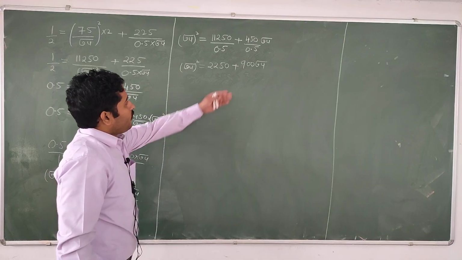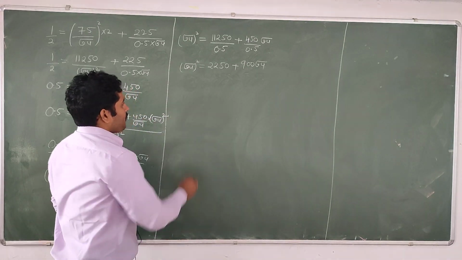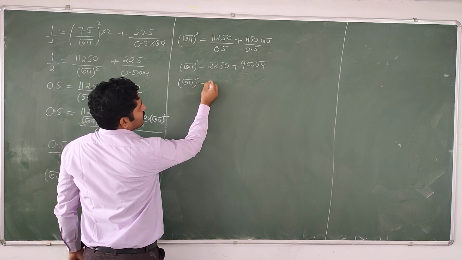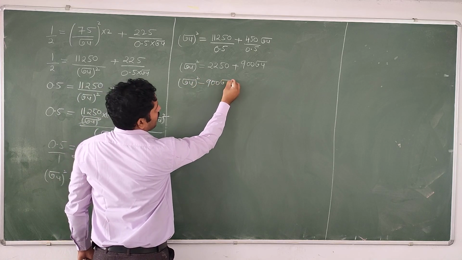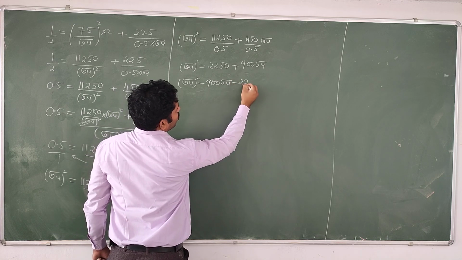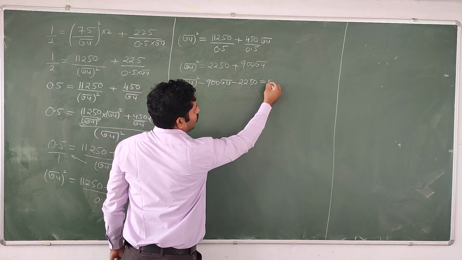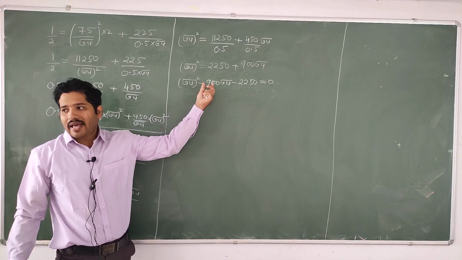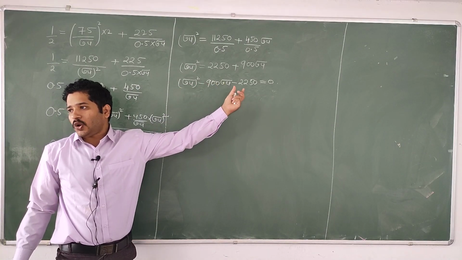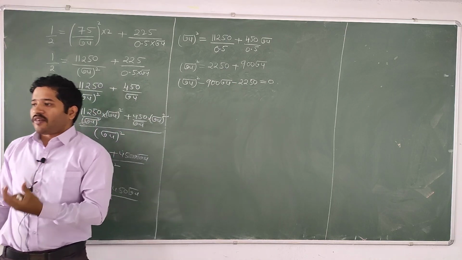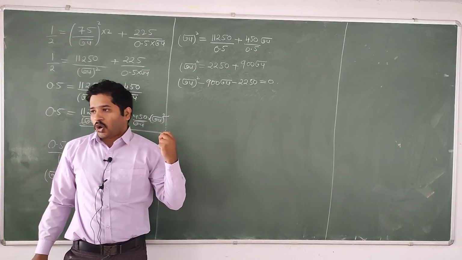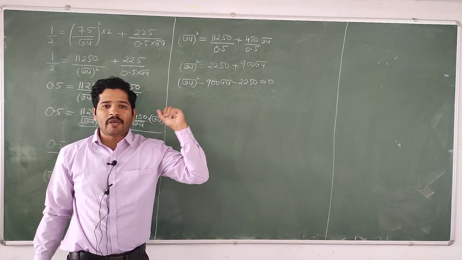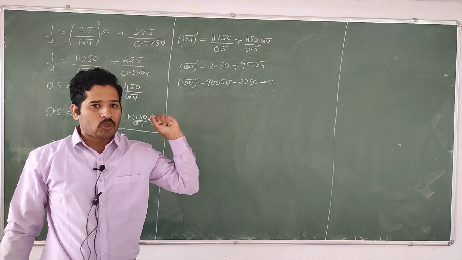Then we need to move it to this side. Sigma u whole square minus 900 sigma u minus 22500 equal to 0. So it is of the form ax square plus bx plus c equal to 0. Then you can use the quadratic equation formula, x equal to minus b plus or minus under root of b square minus 4ac, by 2a.